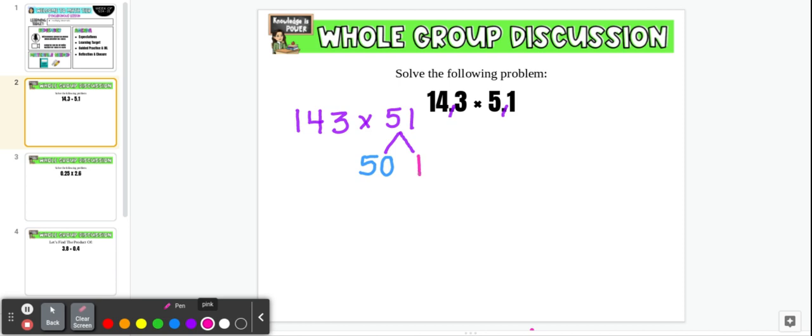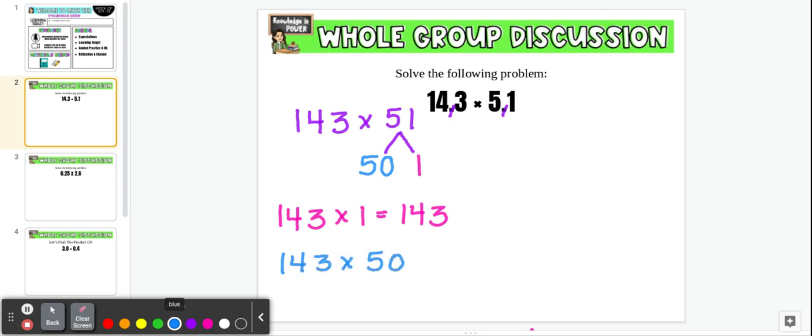So the first one I'm going to do is 143 times 1 because that's really easy for me to do, and I get 143. Now, when I multiply 143 times 50, what I can do is just multiply by 5 and then add the 0 at the end.